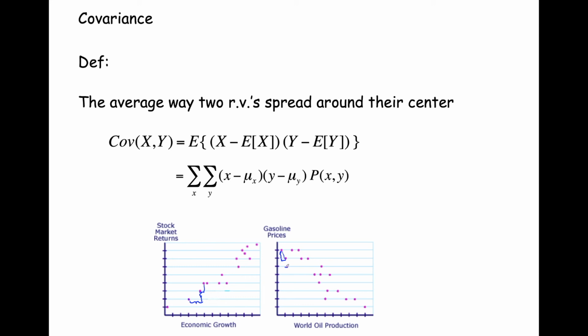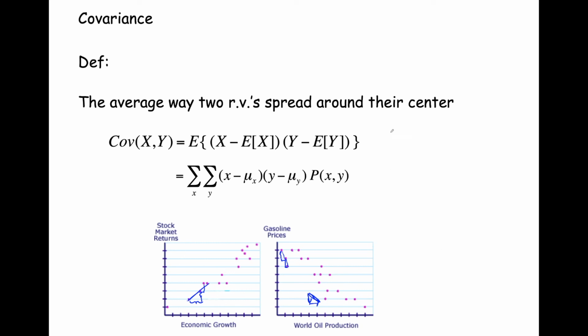You have some unit step increase in oil production, and you have some unit step decrease in gas prices. All right. Well, let's look at that. So that seems to persist. So there's a coupling here in the negative direction. If you increase world oil production some amount of delta in that direction, the gas price decreases some delta going down. And so here we have a unit step decrease. In the previous example, we have a unit step increase. So there's a positive influence between economic growth and stock market return, and there's a negative influence between an increase in oil production and gas prices.